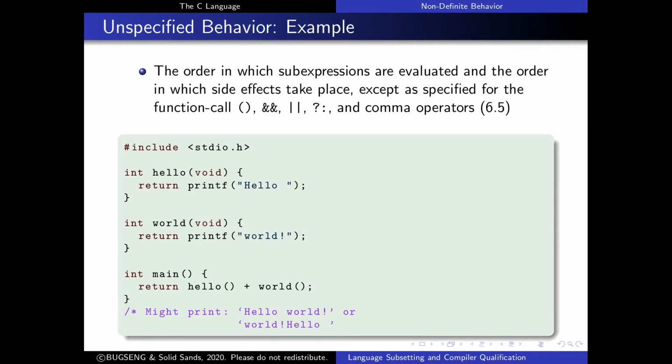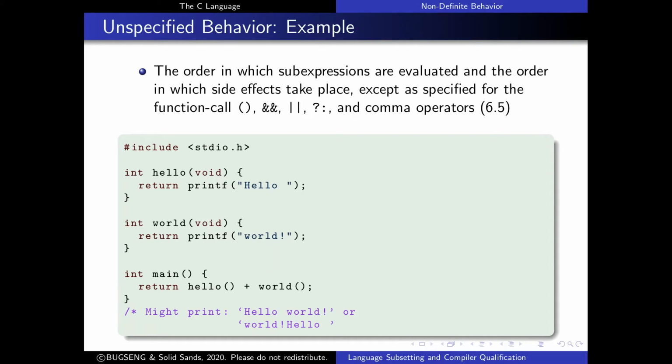It is important to understand that when it is unspecified behavior, the compiler need not document the choice and need not be consistent. For example, if you change the optimization level, the choice might be different. You can get a different output, or you activate debugging and the choice might be different.